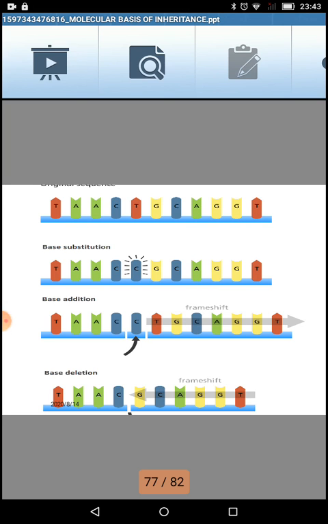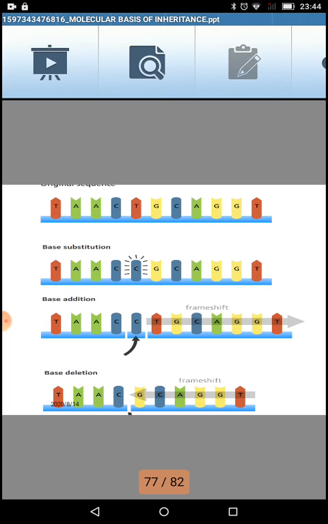So now what is happening? Because of the addition of one C in between C and T, the whole reading frame of the strand changes. So there will be not a change in one amino acid synthesis. Here, because of the insertion of one base pair, there will be a change in the whole reading sequence of the strand of the DNA.